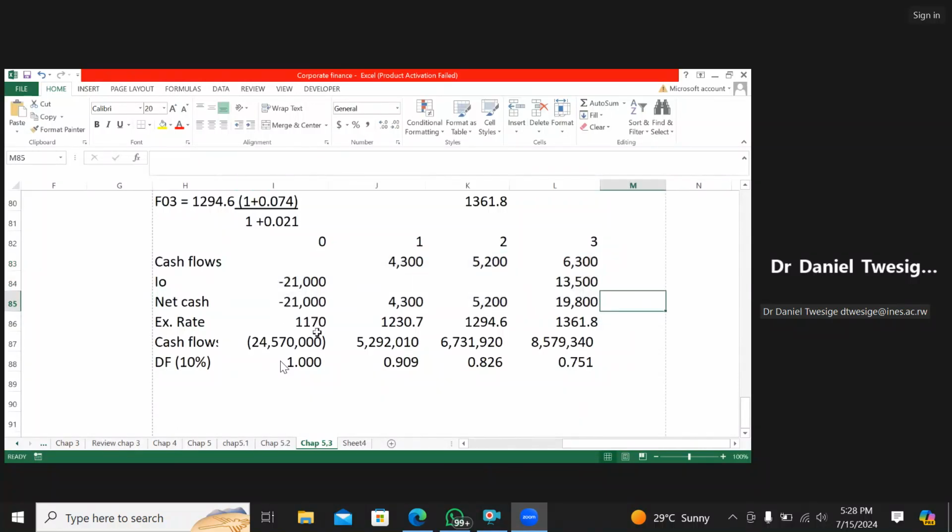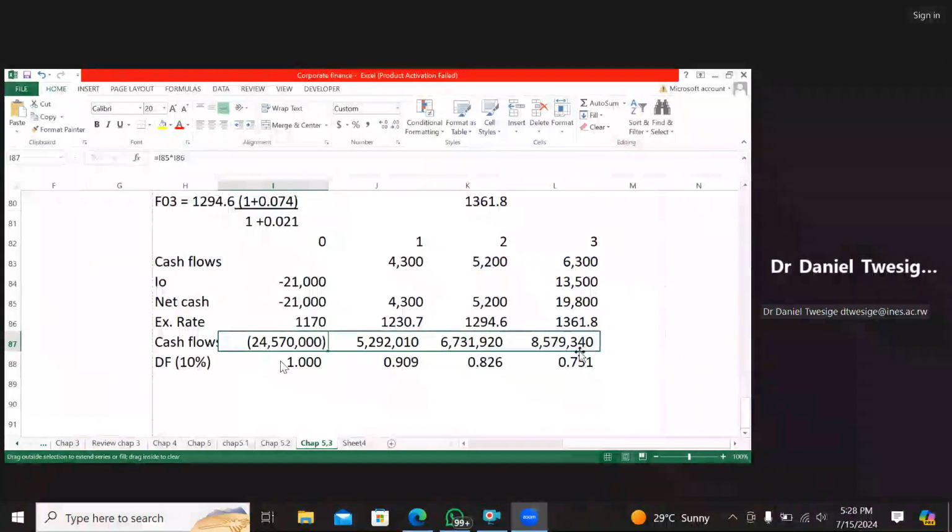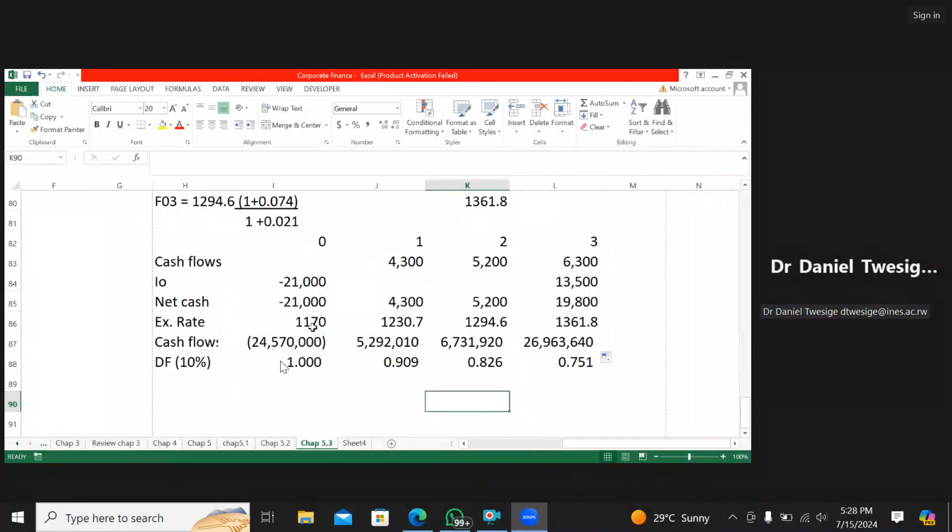So I'm changing this. The present value is this times this.